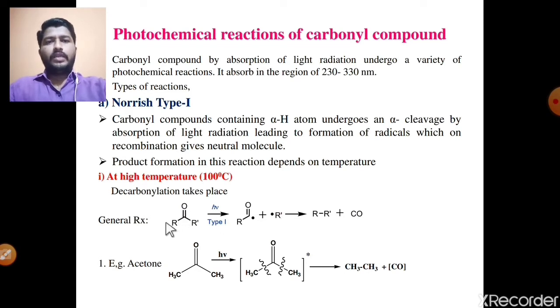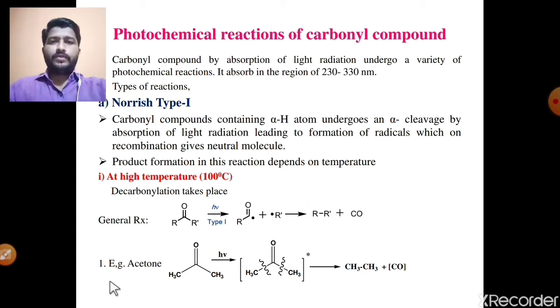Similarly, alpha cleavage on the opposite side, homolytic cleavage of the bond between the carbonyl carbon and the R group, again gives a C radical and an R radical. So there is decarbonylation, elimination of carbon monoxide, and formation of two radicals, R radical and R dash radical. The recombination of these two radicals finally gives R–R dash, a higher alkane molecule.